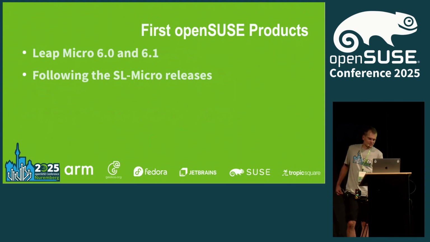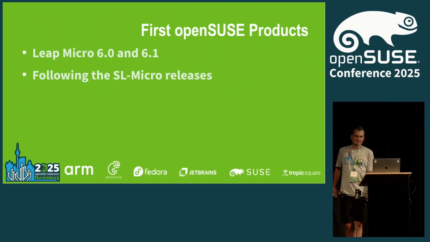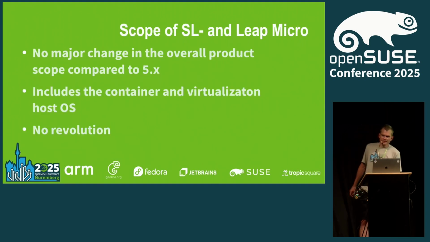And following them, the openSUSE project, or SUSE with the openSUSE community, released similar or the same versions of Leap Micro, roughly at the same time frame and with the same scope of the project.